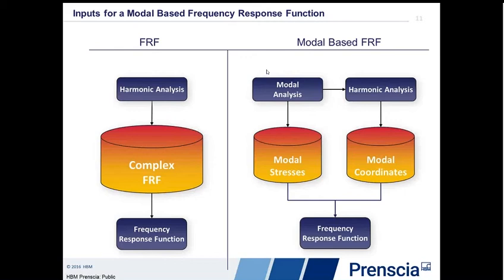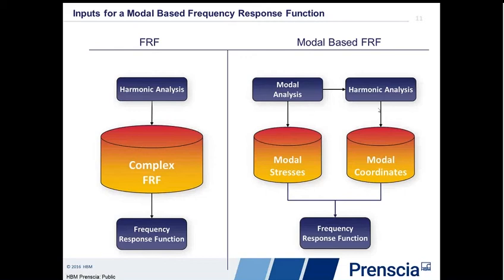From that analysis, I capture the stresses that would occur on my model if I were to enforce those mode shapes onto my model. So these are modal stresses. This modal information is also used as an input to the harmonic analysis, and that information is used to create the frequency response function.